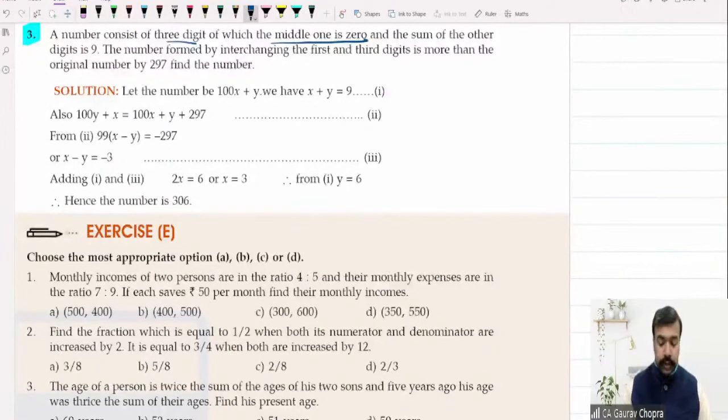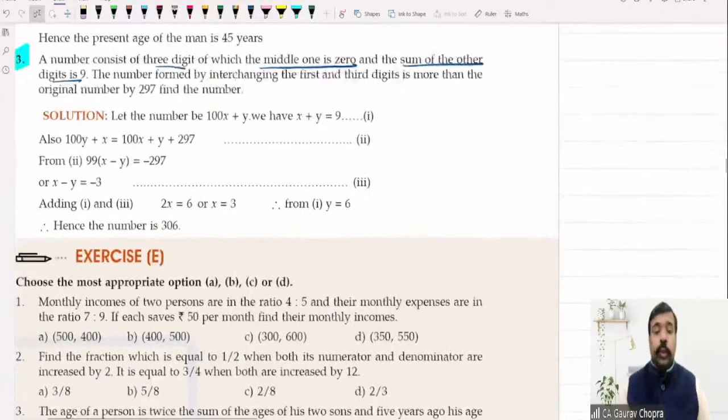The middle number is 0. And the sum of other digits is 9. The number formed by interchanging the first and third digit is more than the original number by 297. Then find out the number.